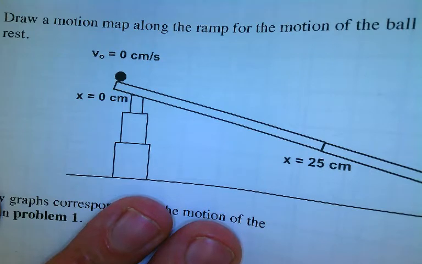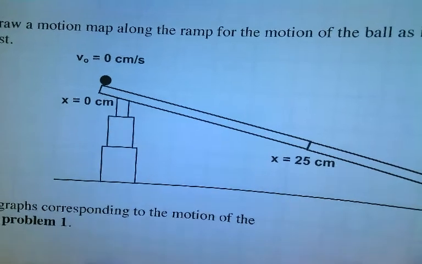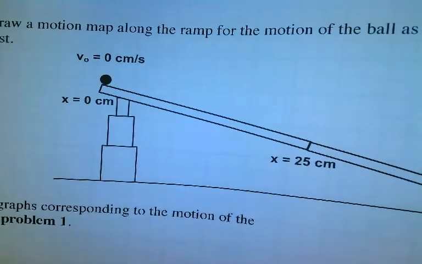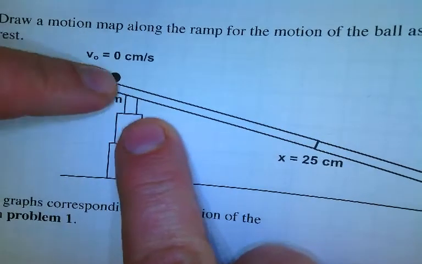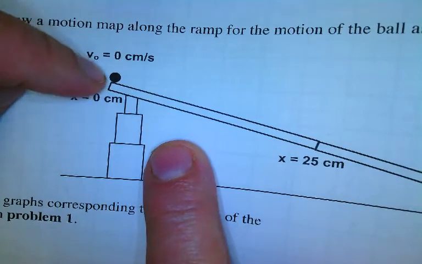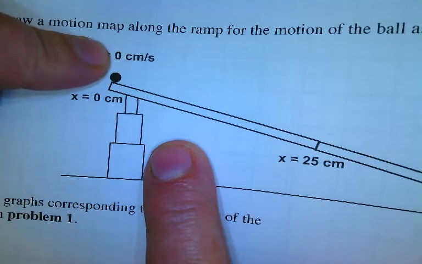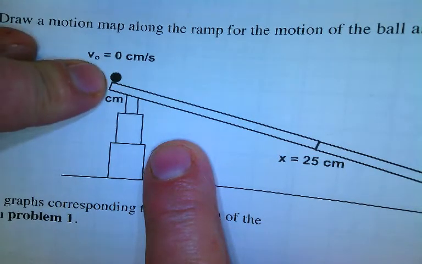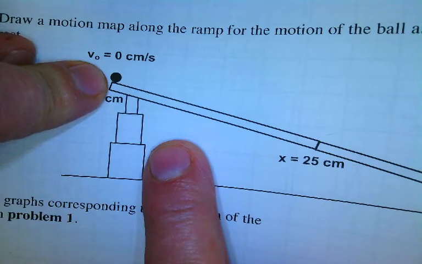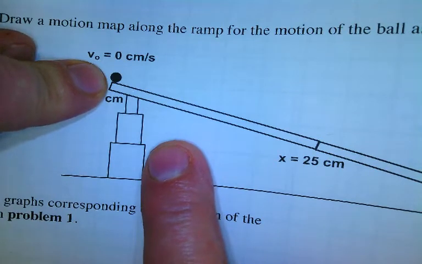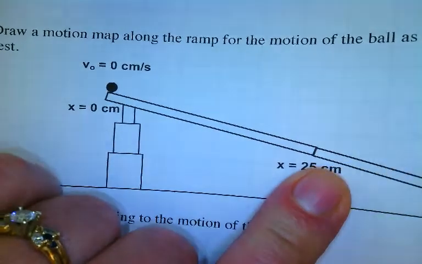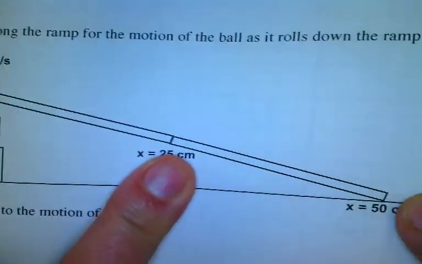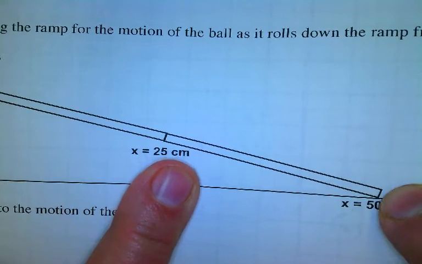So we're comfortable with this. I have a ball that I'm sending from the top of a ramp, and the ball has an initial velocity of 0, and its displacement is 0. So I'm starting at the origin, right? And at x, it's going to have a specific velocity, and at 50, it's going to have a specific velocity.